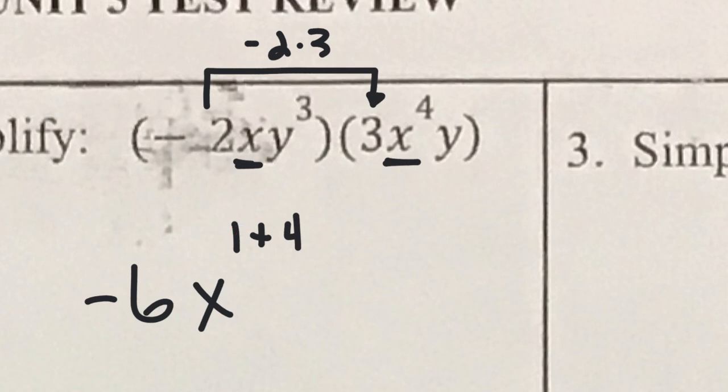When there isn't a power explicitly given to you, we can assume that the power is 1. Same thing for the y. The y term doesn't have a power explicitly given, but you can assume that it is a 1. So this is y to the 3 plus 1. So our final answer is negative 6 x to the 5th and y to the 4th.